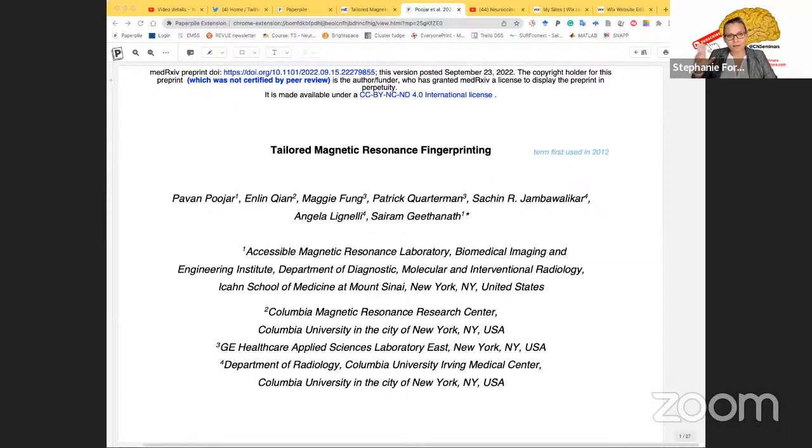The other type of solution that was proposed was rapid quantitative imaging. So that would, for example, be DESPOT 1, DESPOT 2, and other methods. But they don't offer weighted images. So the T1, T2 weighted are not offered as such by the scanner, but they can be computed afterwards.